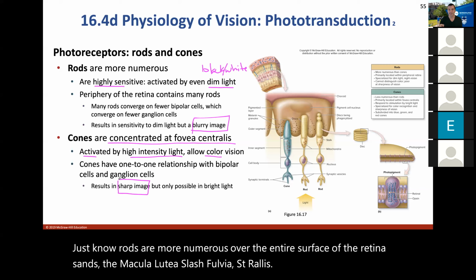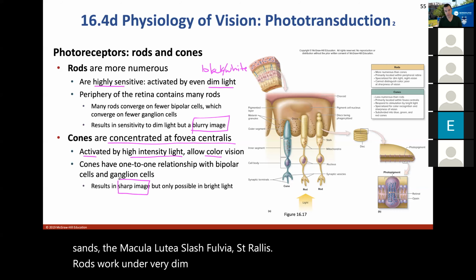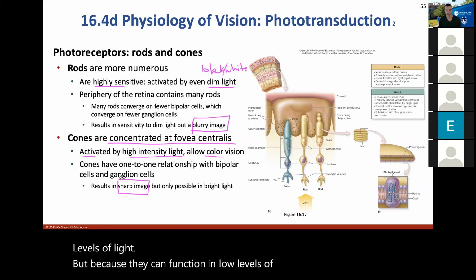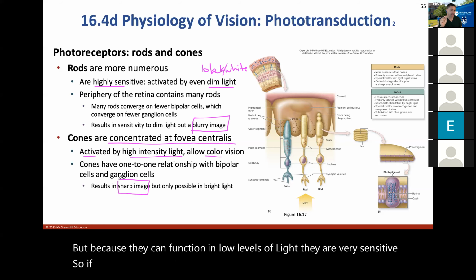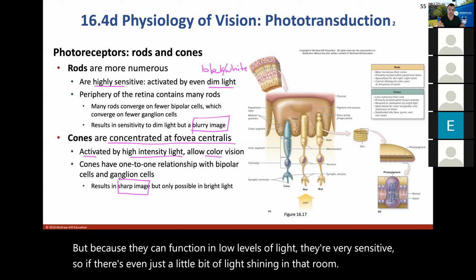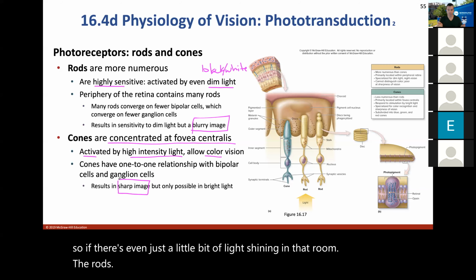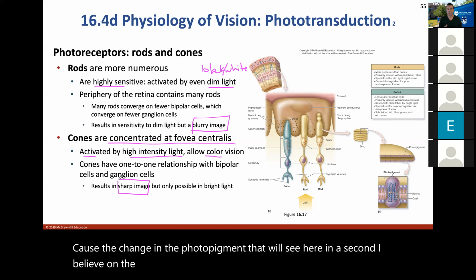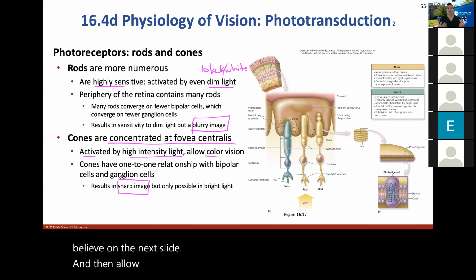Rods work under very dim light, low levels of light. But because they can function in low levels of light, they are very sensitive. So if there's even just a little bit of light shining in that room, the rods pick it up, cause the change in the photopigment that we'll see here in a second, I believe, on the next slide, and then allow a blurry image to be picked up.